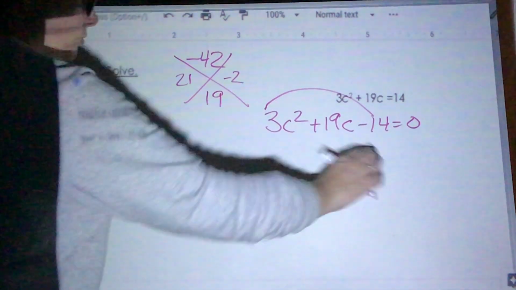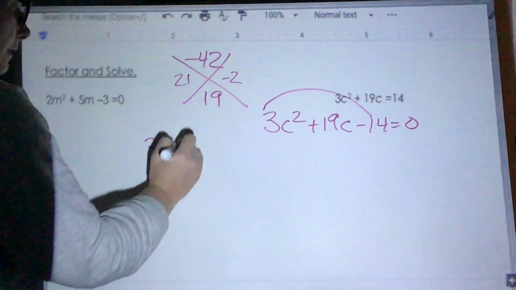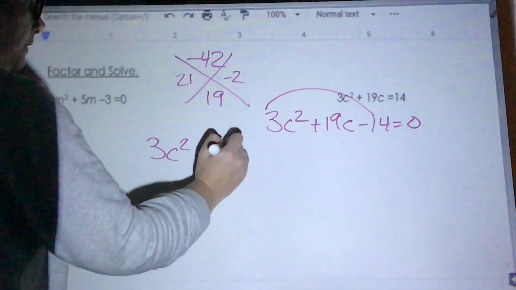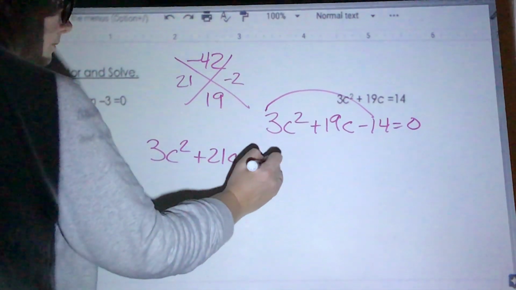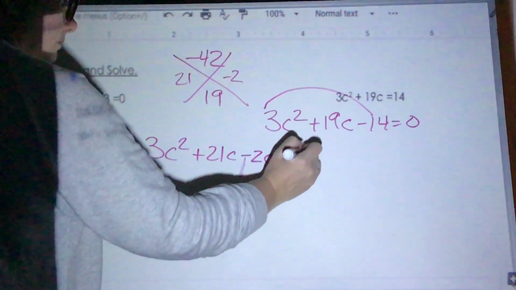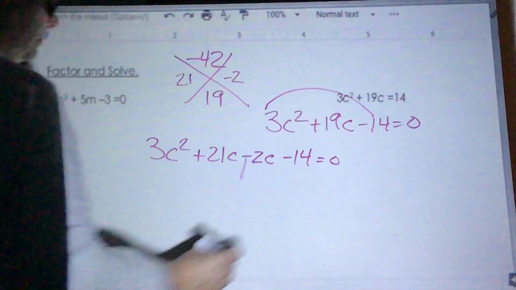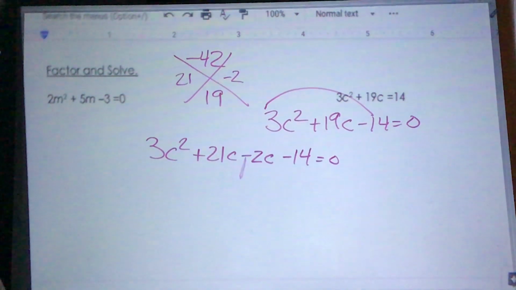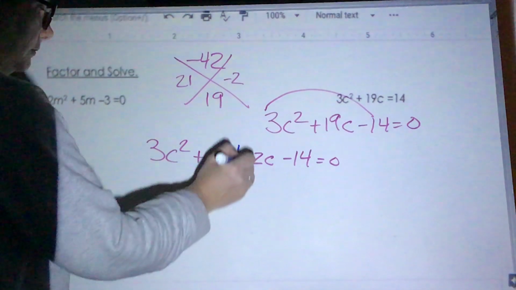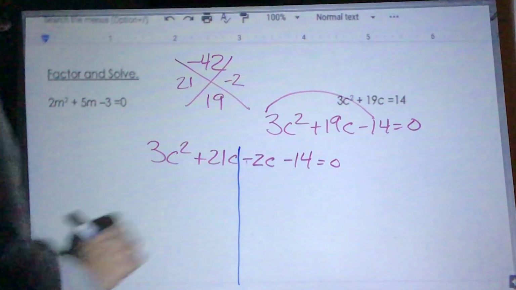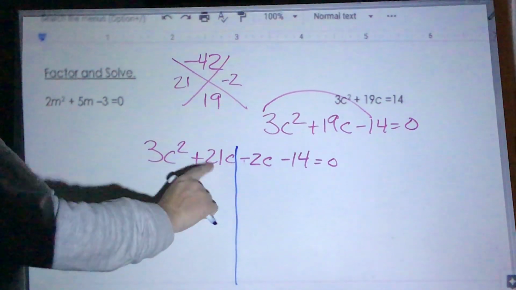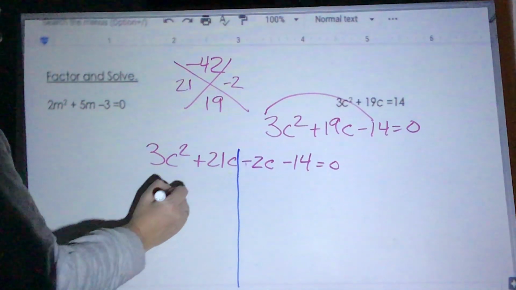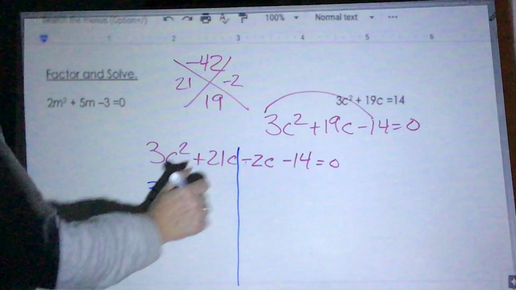So I'm going to take my trinomial and rewrite it so that it has instead 4 terms. And now I'm going to split it down the middle. On this side, I'm going to take out the GCF, so 3 goes into both of the coefficients, and we have one c in common.